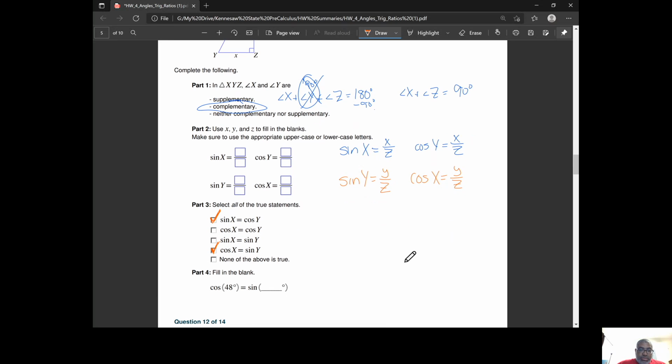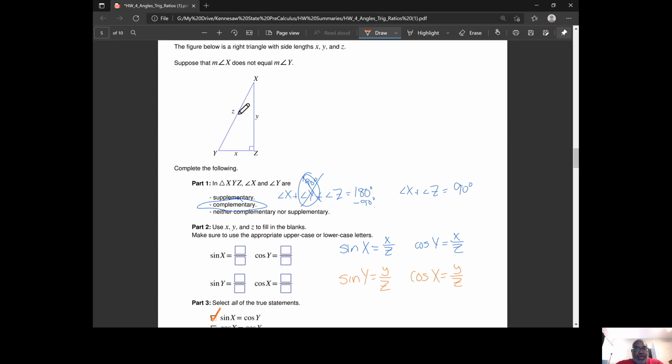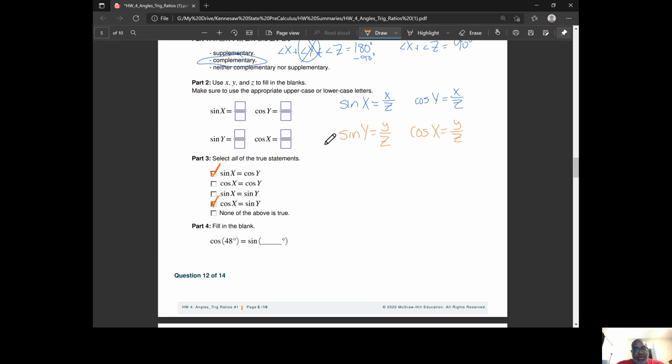So the cosine of 48 degrees is equal to... And remember the reason of this problem, what they were trying to show, which is these two angles are complementary. So that means that, as we see here, the sine of y is the cosine of x. The sine of x is the cosine of y.